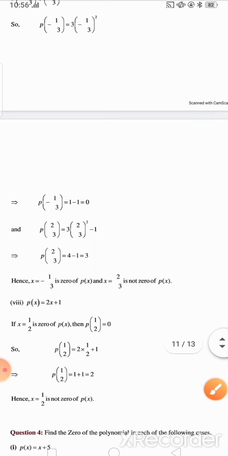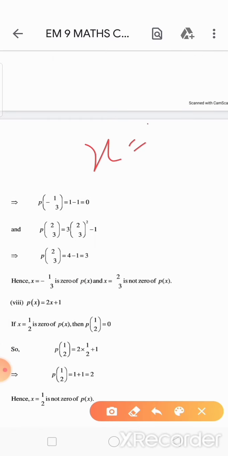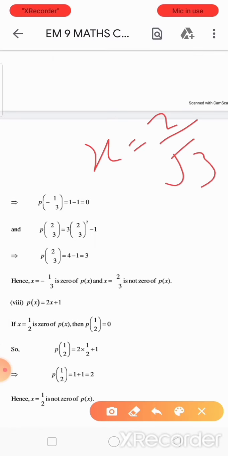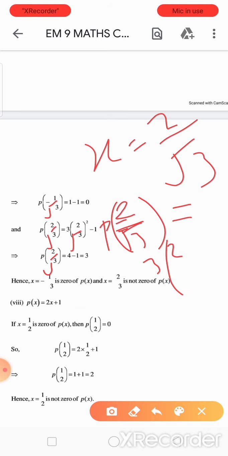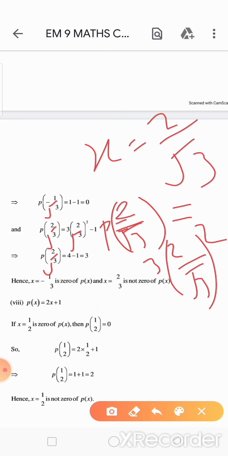For the next value, x equal to 2 upon root 3, we substitute x value 2 upon root 3 in our polynomial. We write p of 2 upon root 3 is equal to 3 into 2 upon root 3 whole square minus 1.